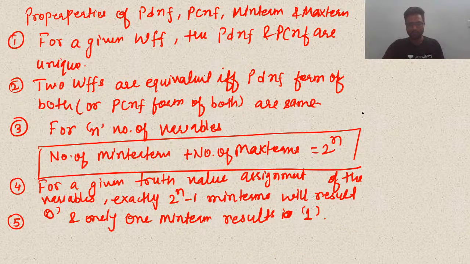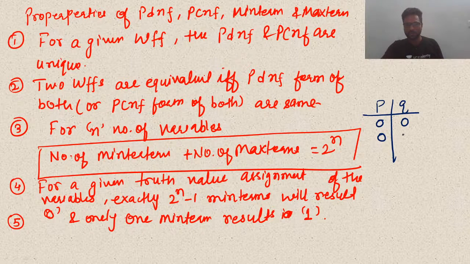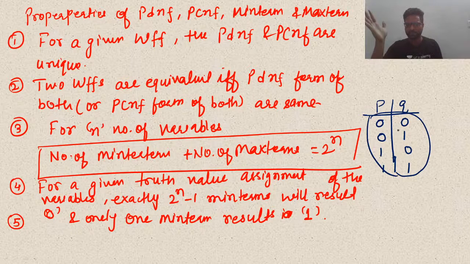Let's say there are two variables p and q. Let's say this one is 0 0, this one is 0 1, this one is 1 0, this one is 1 1. Let us assume the output corresponding to these expressions is 1, and all these four are min terms.